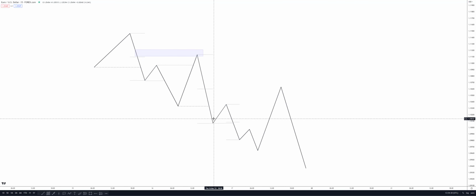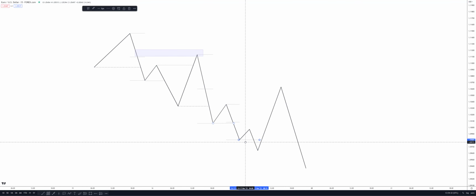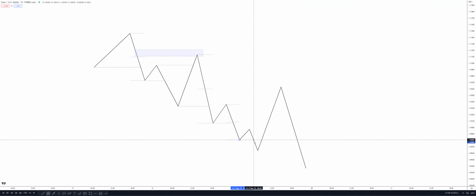So this is what I would call a minor one, or minor, whatever you want to call it. We have no mitigation of an area above in this premium. We had no mitigation here, so a series of non-mitigations. Price is getting weaker and weaker in terms of structure coming down here.